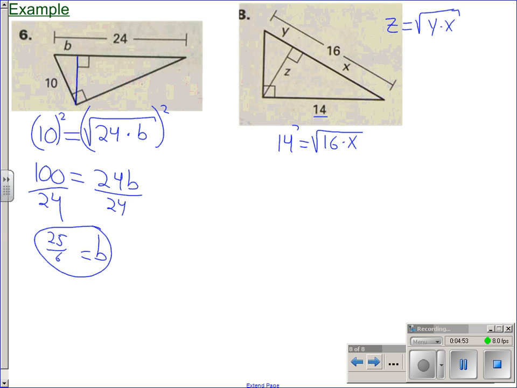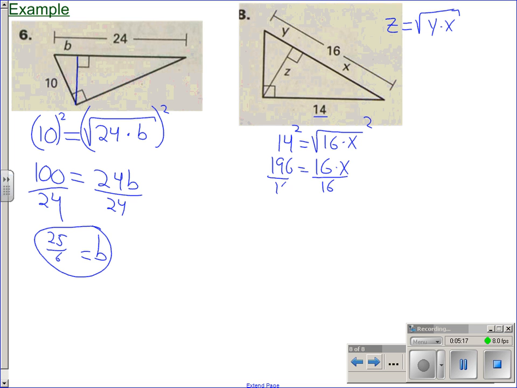To solve for x, we're going to square both sides. 14 squared is, I think 196, but I'm getting the calculator out just to double check. Yeah, 196. That equals the square root and the square cancel each other out. 16 times x is what we're left with.